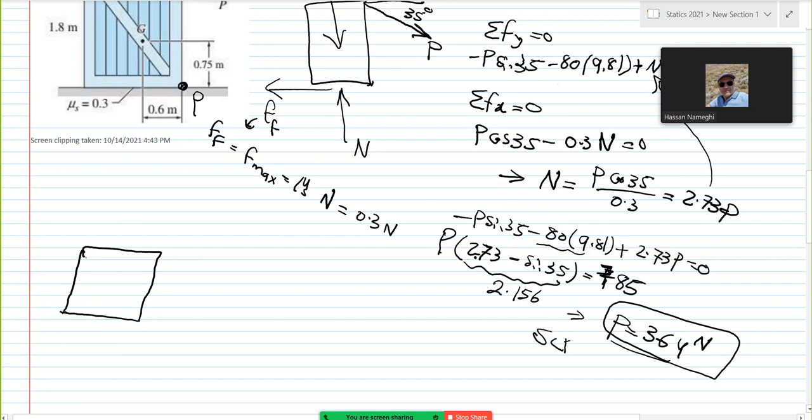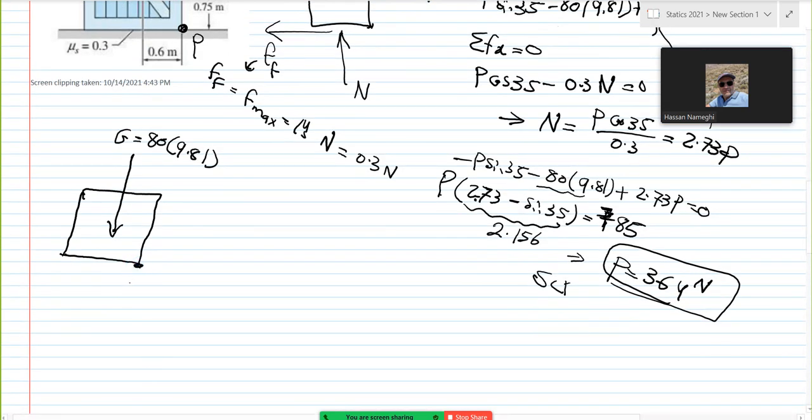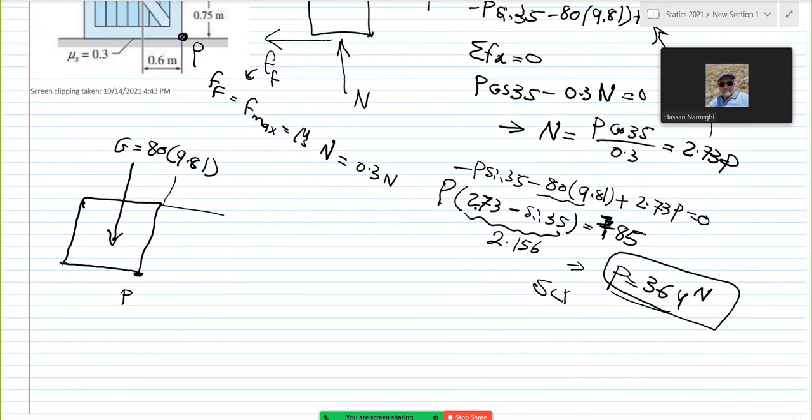We have two forces. We have the force of gravity here, which is 80 times 9.81. G is the center of gravity, by the way. Then we have the force P here, at the angle of 35 degrees going down.